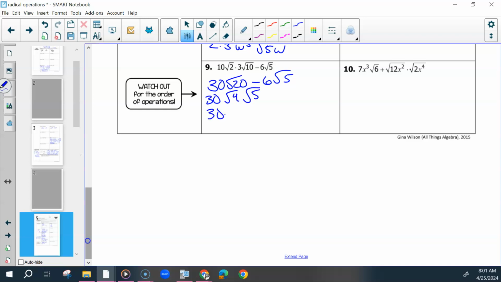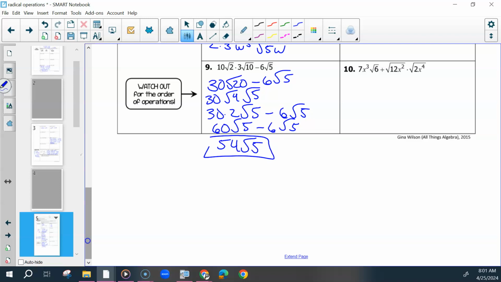So we have 30 times 2 root 5 minus 6 root 5, or 60 root 5 minus 6 root 5. And then, can we combine these? Yes. What would that answer be? 54 root 5.